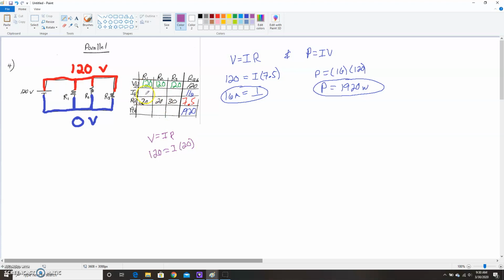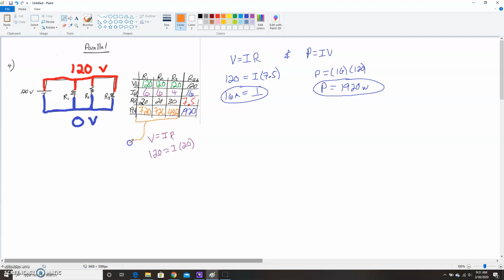I will turn out to be 6 amps. 120 and 20, 6 amps; 120 and 30, 4 amps. Now power, final row, let's go orange. 120 by 6 is 720. 120 by 6 is 720. 120 by 4 is 480.